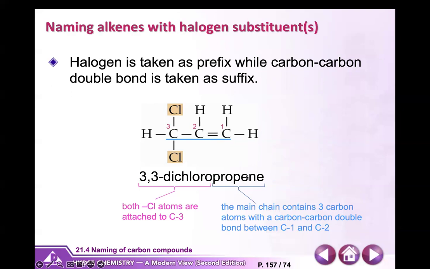So it would be propene, because propene must start with the first carbon. It cannot be another way. So we don't need to label it as prop-1-ene, but we need to label the position of the chloro group because it may be 2,3, it may be 1,1, etc. So we label it as 3,3-dichloropropene.